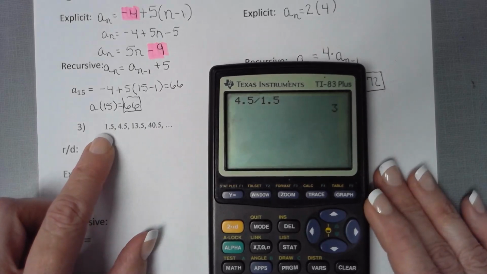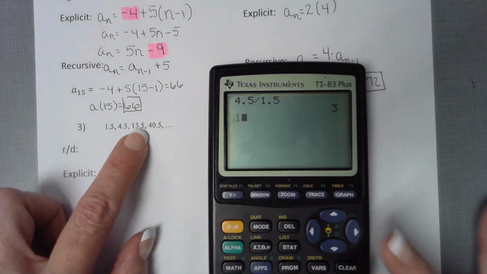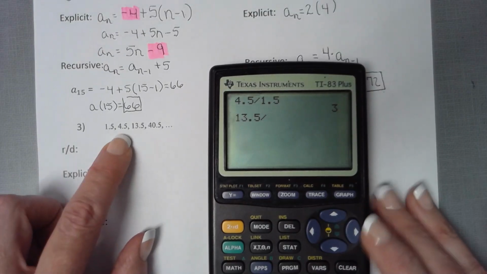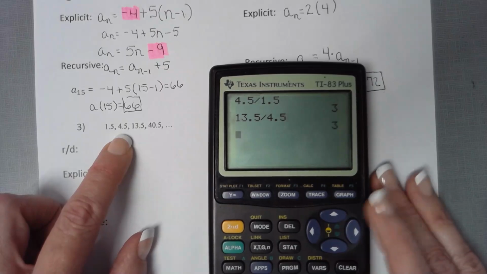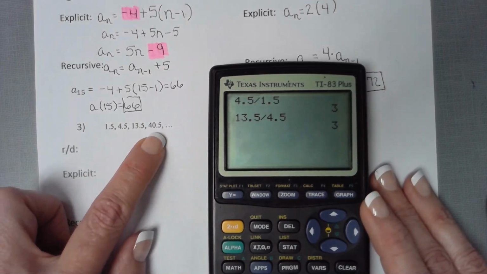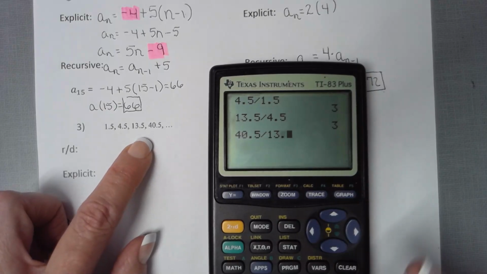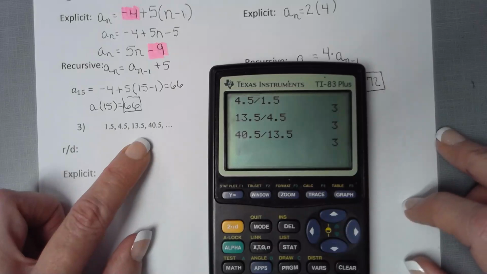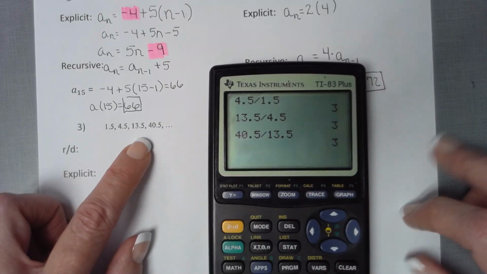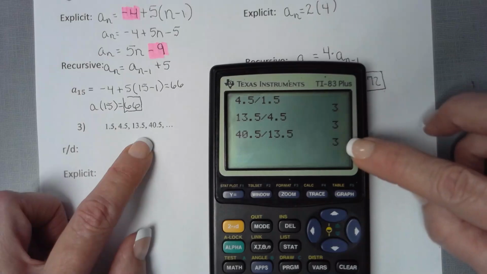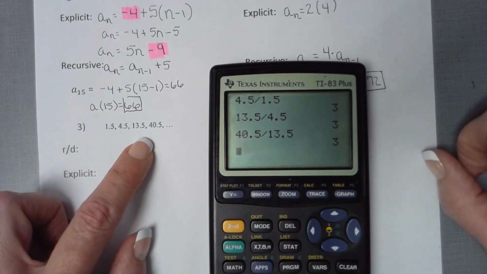Doing it once isn't enough. Third term divided by the second term. And just to solidify, fourth term divided by the third term. It appears a common ratio is my pattern. I am multiplying by 3 each time.